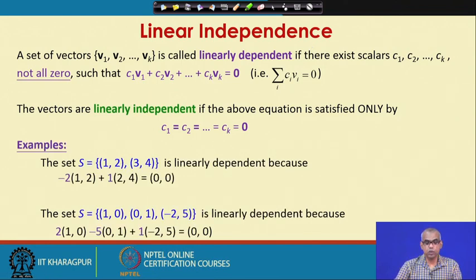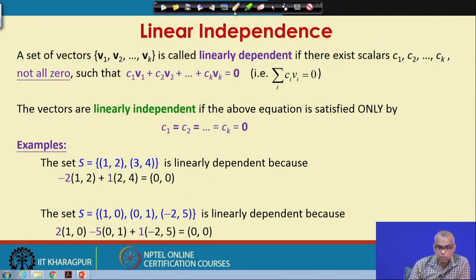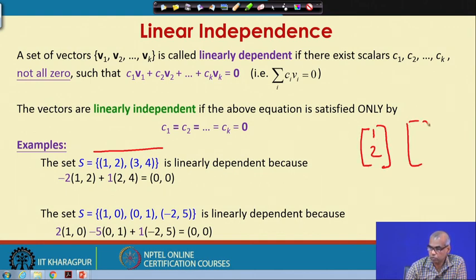So, here are some examples of linearly dependent vectors. Consider a set of vectors (1, 2) and (3, 4).